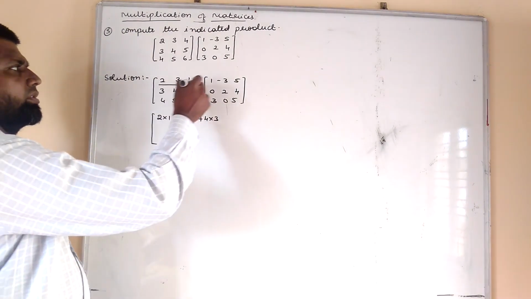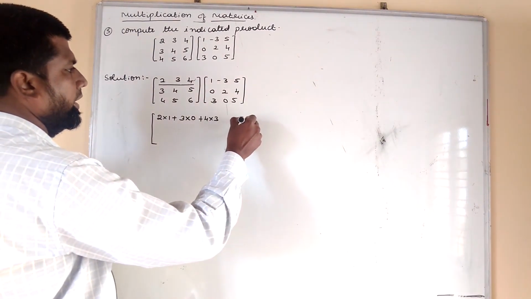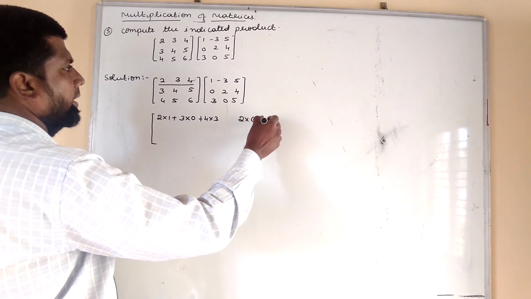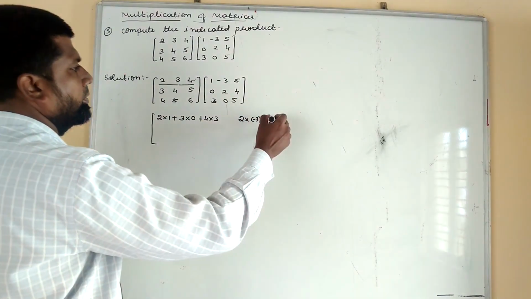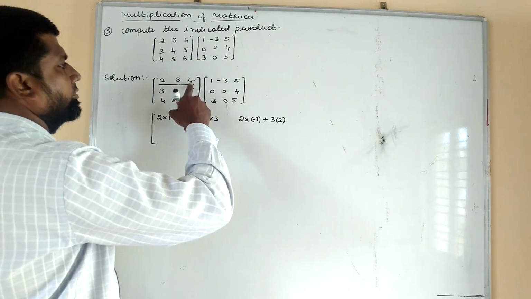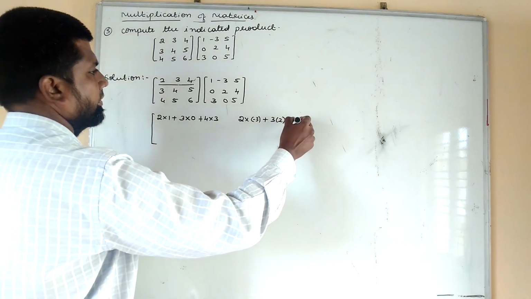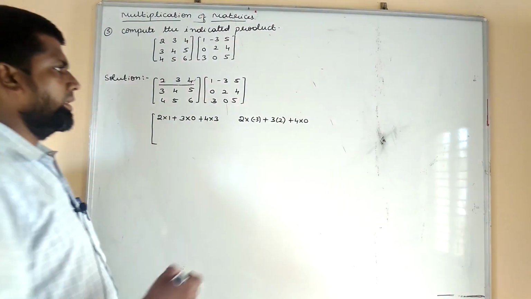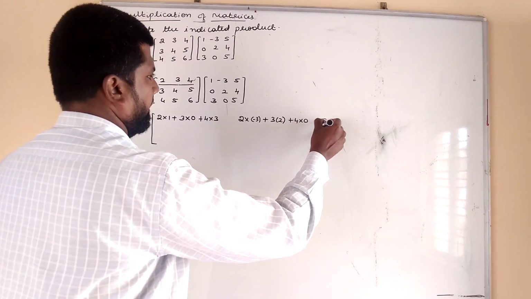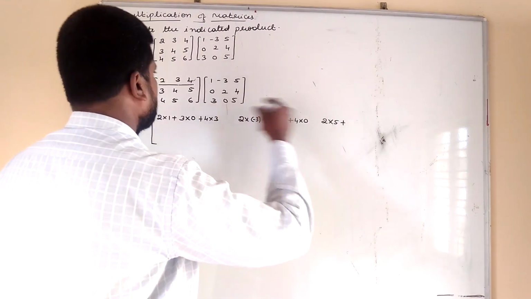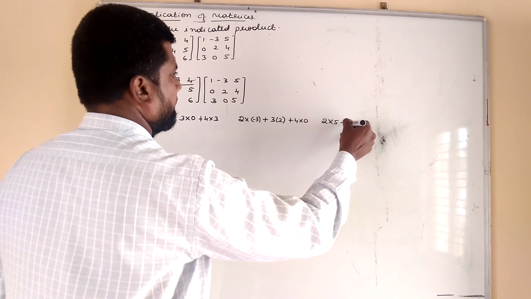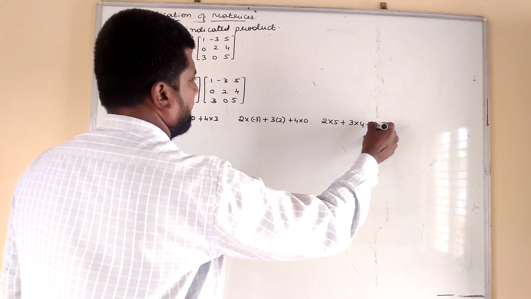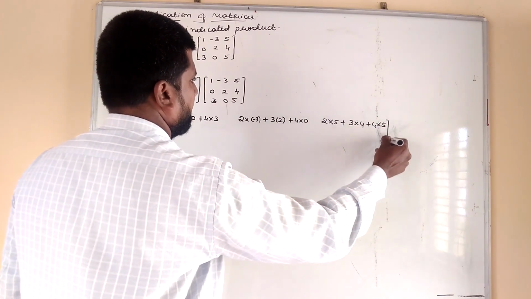Now let us go for the first row and second column. 2 into minus 3 plus 3 into 2, then 4 into 0. The next first row, third column, 2 into 5 plus 3 into 4, then 4 into 5.